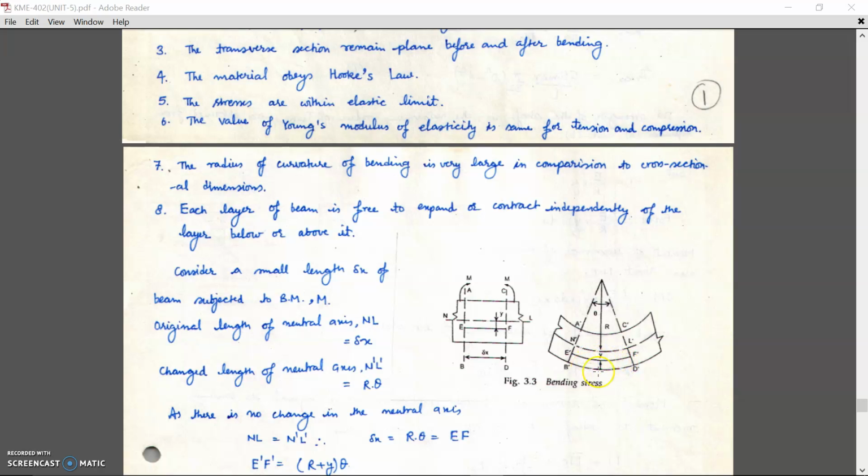Okay, we already know that this side will experience maximum tensile stress or tensile force, and this side will experience maximum compressive force, and this is what the theory of simple bending says.